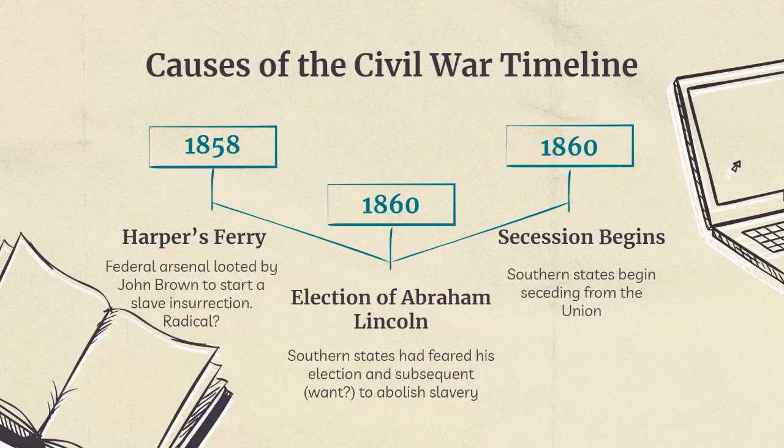That was not technically anything that he had said that he wanted to have happen. His goal was to keep the Union together. But the fears were there, and in late 1860, secession by southern states beginning with South Carolina.